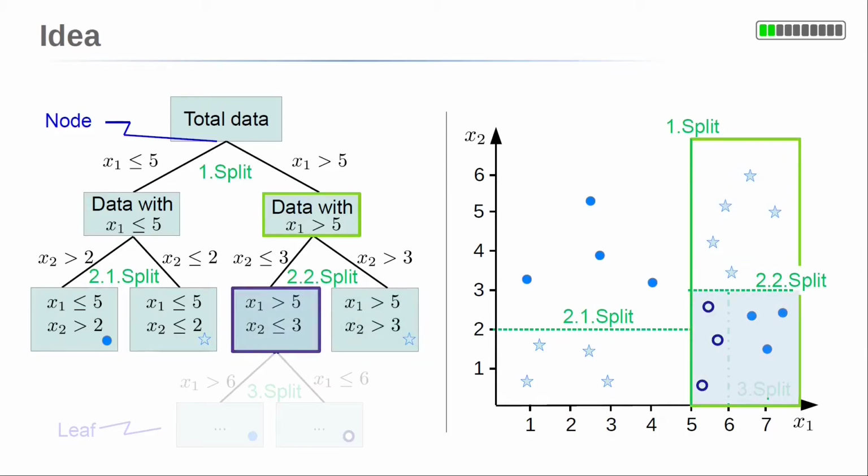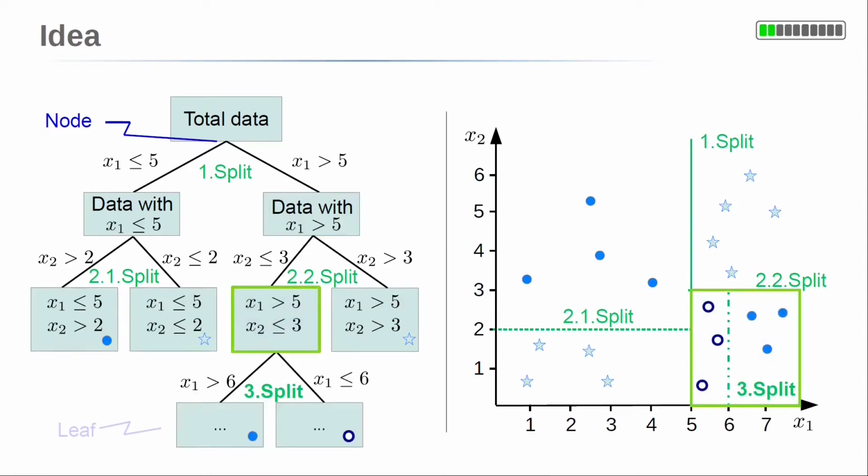However, for the lower right area, where x1 is greater than 5 and x2 is less than or equal to 3, we need another split to separate the classes of the light blue dots and the dark blue circles. So we use another question. For all data with x1 greater than 5 and x2 less than or equal to 3, is x1 greater than 6 or not? If so, we have the light blue dots. If not, we have the dark blue circles.